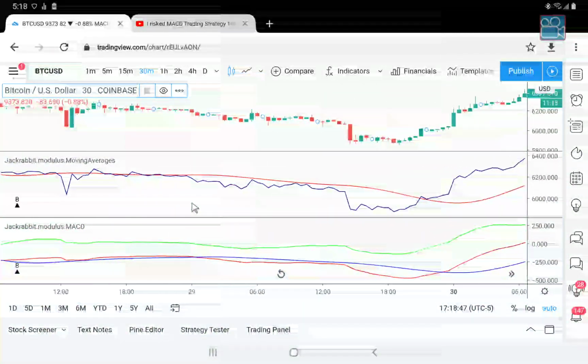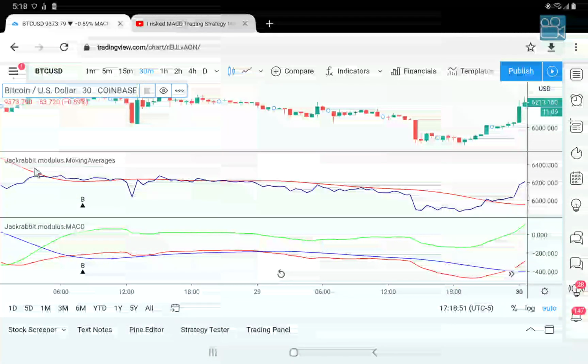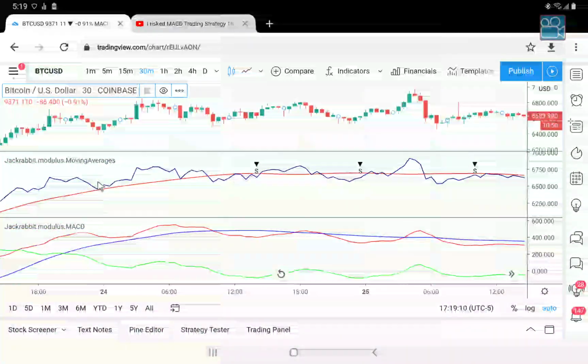Sine wave moving average, as you can see here, it looks for when the market comes down and begins turning directions. And that's where the buy marker is, right at the point of the pivot of the decline to the upswing. Let's see if we can find a better one.